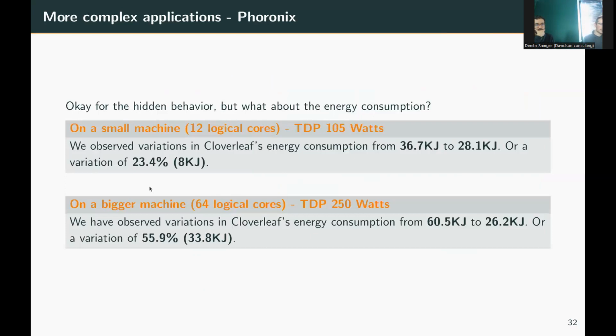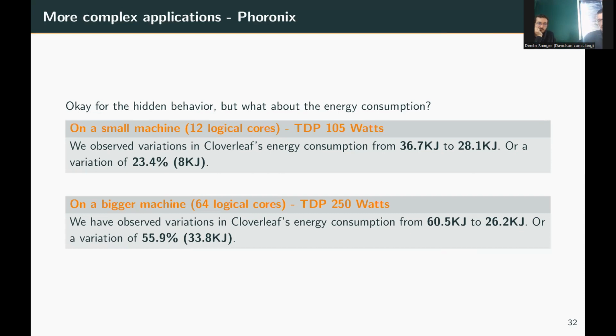And the last information about this experiment: in all the evaluations, we ran the applications a lot of times, and we got many different energy consumptions for the same application. For example, the Cloverleaf energy consumption ranged from 36 kilojoules to 28 on the Taurus machine, which is quite a great variation.